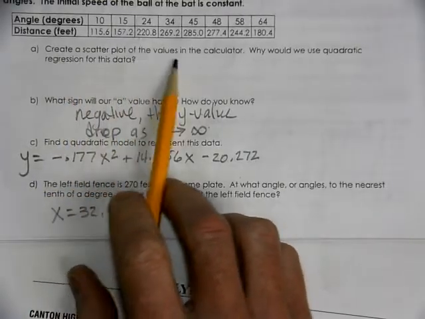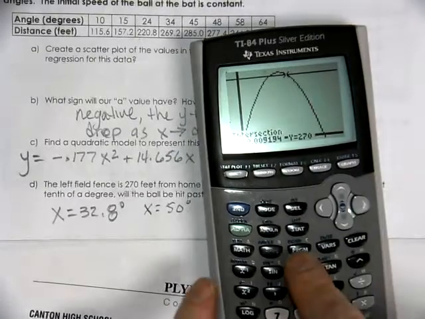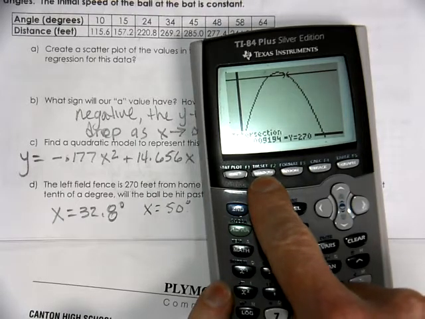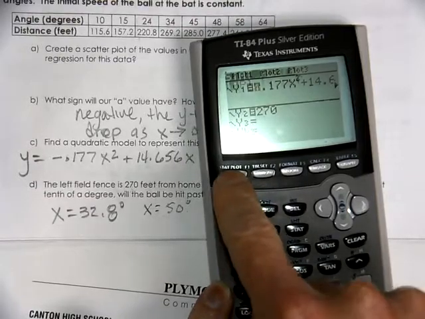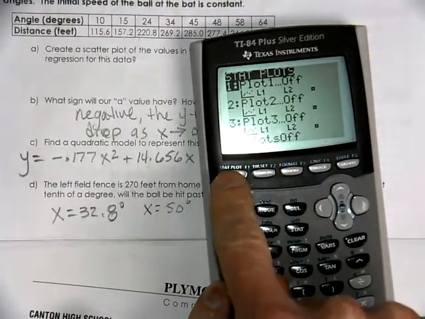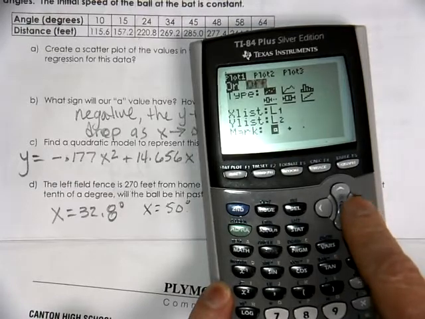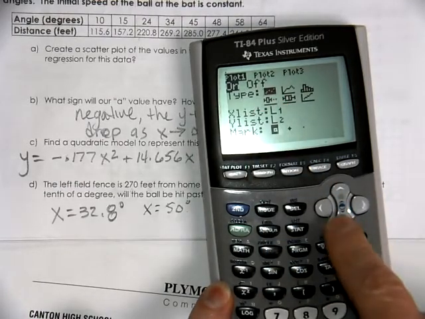Create a scatter plot of the values in the calculator. Well, I have those values. If we've got our window, okay? If we go to scatter plot, this is new. If we go to scatter plot, so second y equals, and we're going to go in here and turn it on. We're going to ask it to do a scatter plot, so that's that symbol.